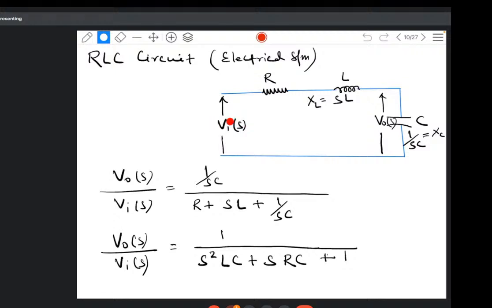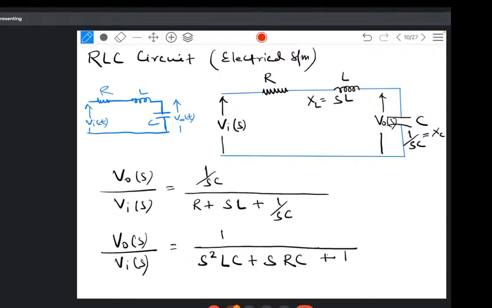So when I am taking this circuit in the S domain, basically when it is in the time domain, this is R, this is L and this is C, right? R, L, C, and this is V0 T and this is VIT, right? You must have studied this in networks. So if you want to make the analysis simpler, just convert every time domain function to S domain, that is, take the Laplace.